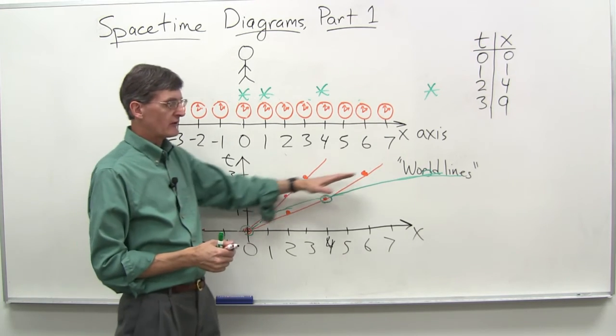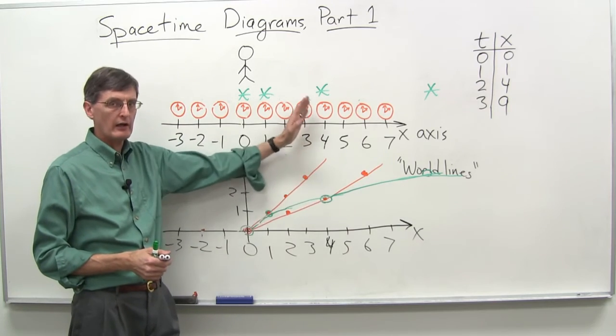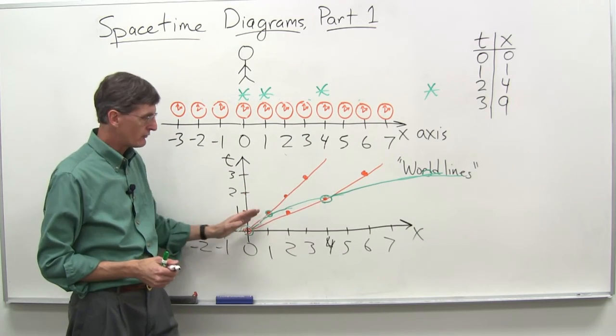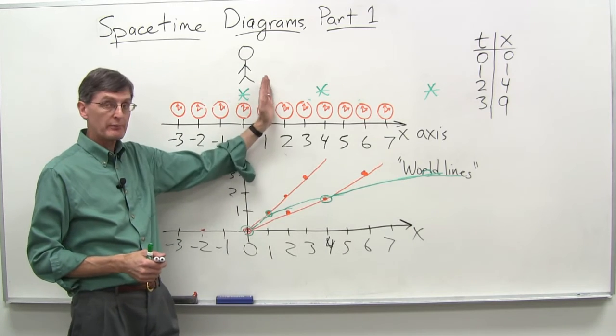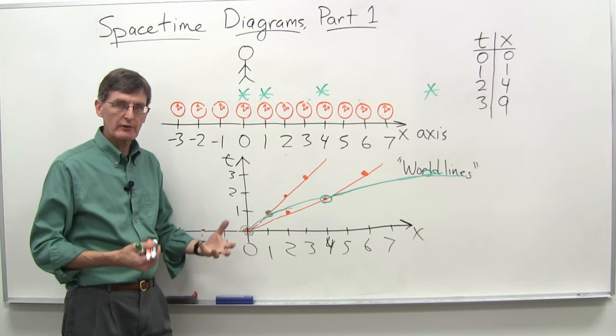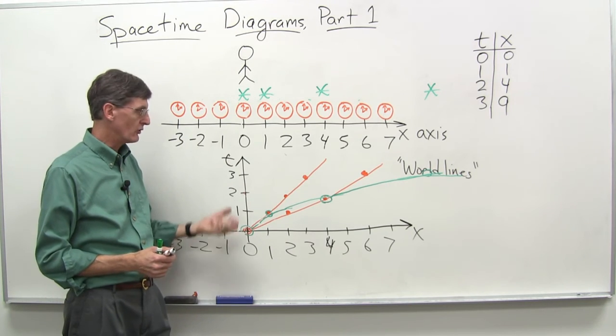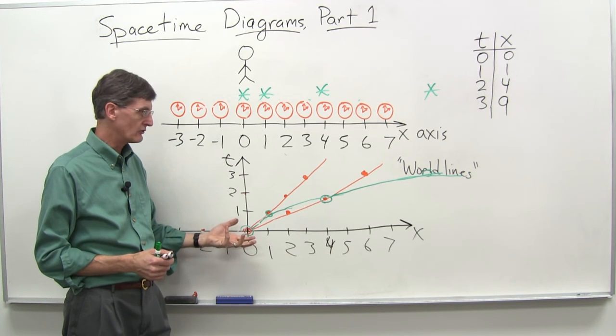That things like this where we have a curved line, where something is actually accelerating. So when you see a curved line on a space-time diagram, whether it's curving that way or curving up, it's an accelerating situation. And as we'll learn, the special theory of relativity does not apply to accelerating situations. It only applies to constant velocity situations.